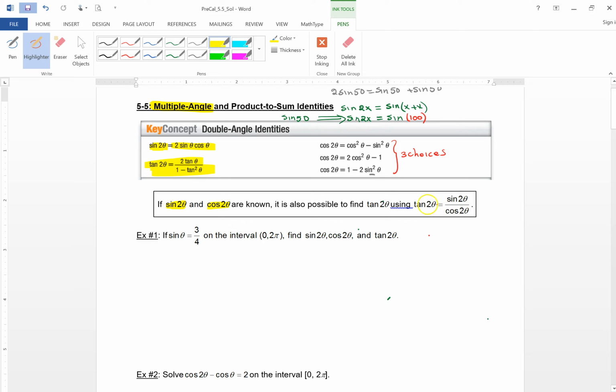You can also say tangent is just the sine of 2 theta over the cosine of 2 theta. Just make sure that all of these angles are the same. You can't mix a theta with a 2 theta.